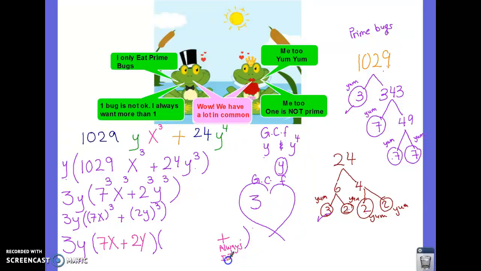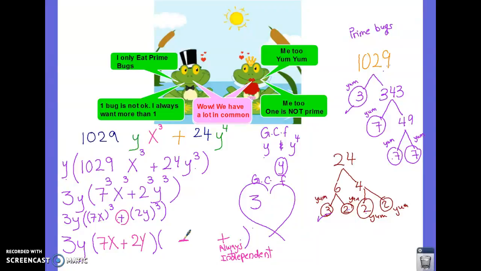It's a very independent sign. No one controls what the sign will be. It's always a plus. This sign is the opposite of the original sign. Since this is a plus, this is a minus. If that was a minus, then that would have been a plus.